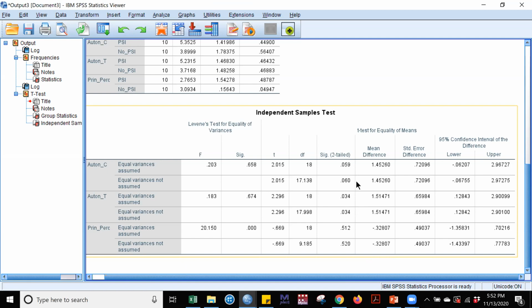And you see 0.034 with teaching autonomy, and you say, oh, that's below 0.05, so I reject the null hypothesis in this case. And for principal perception, you see 0.512, and you say I retain the null hypothesis in that case. This, however, would be correct for a one-tailed test, but SPSS is reporting a two-tailed test.